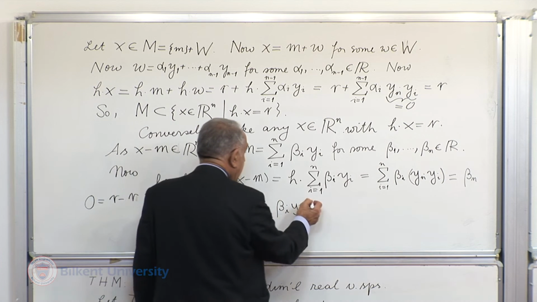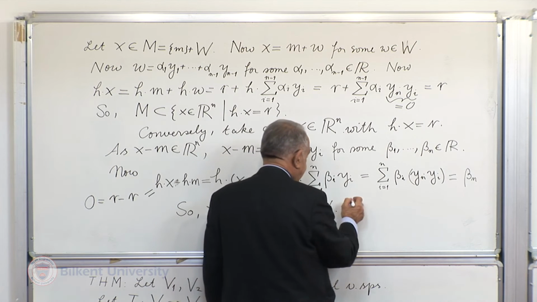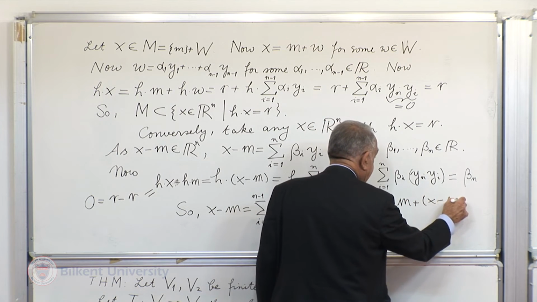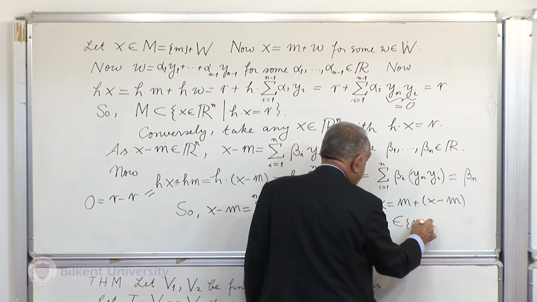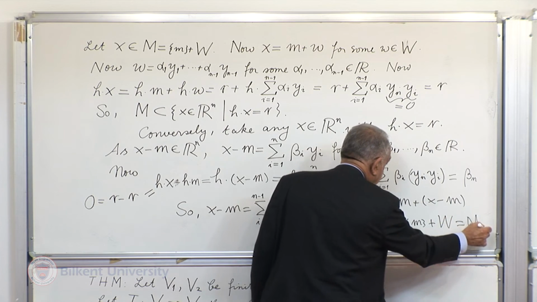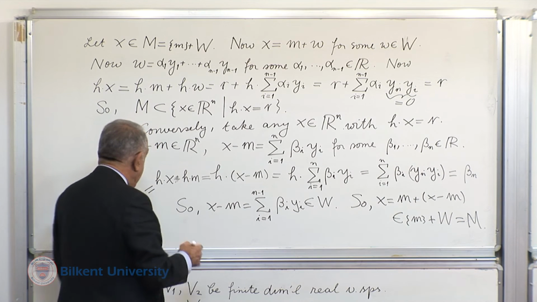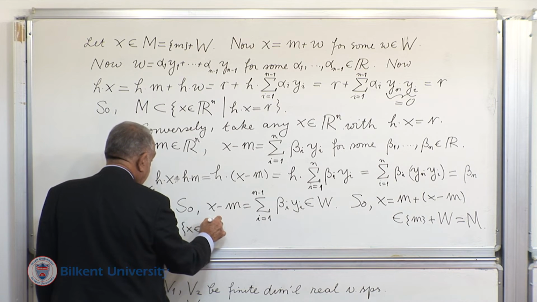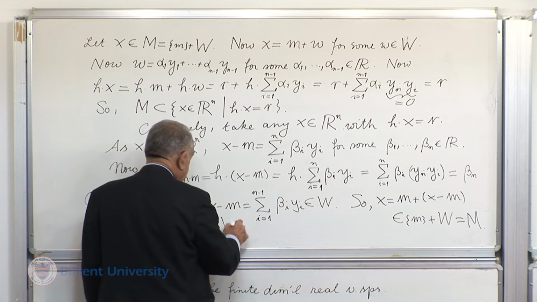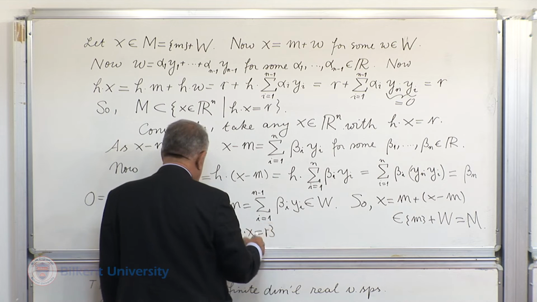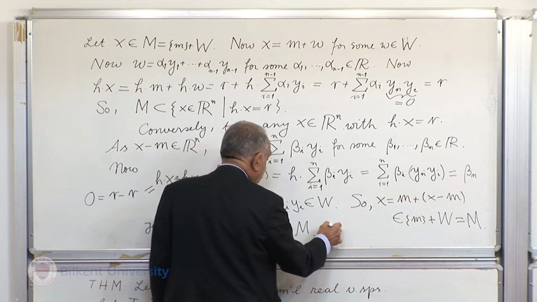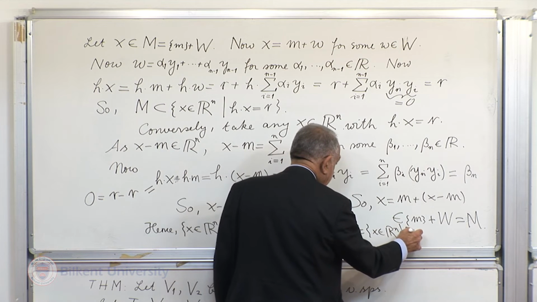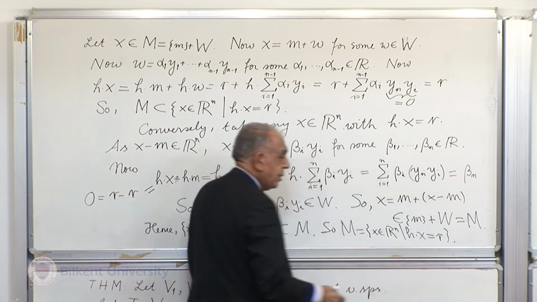But that simply means this is in W. So x equal to m plus x minus m will belong to m plus W, which is just N. Hence, we also have shown that the set of all vectors x in Rn with the property that h dot x is equal to r is in N, so N is equal to the set of x in Rn such that h dot x is equal to r.